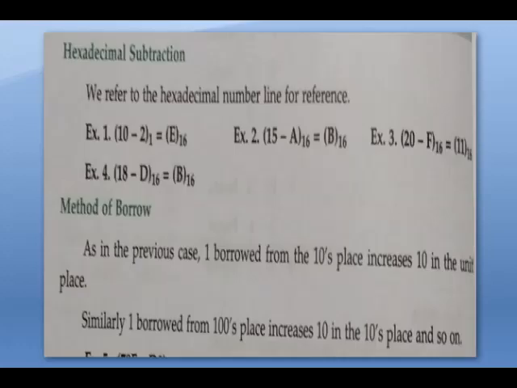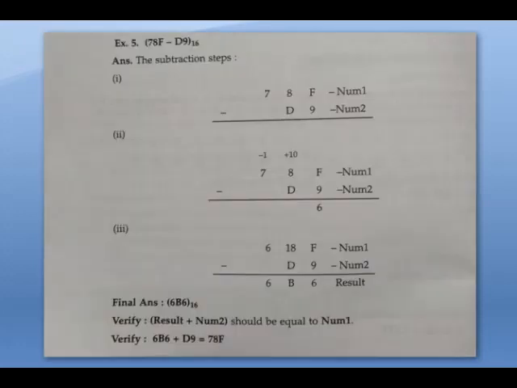Now we are going to see the hexadecimal subtraction method of borrow. See here, one example is there. We are going to subtract the numbers 78F minus D9. Okay, students, so these are the steps. 78F is the first number and D9 is the second number.